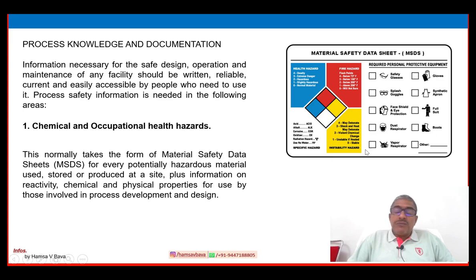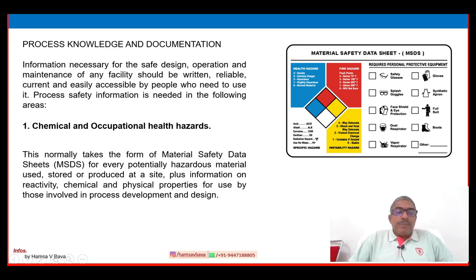Not only this, but also where it is manufactured, what it is, what the expiry date is, what the emergency contact number is, what precautions we can take. So much information is required in MSDS, especially in the specialty chemical industry. MSDS is a mandatory required document. So this is the number one document in process knowledge and documentation.